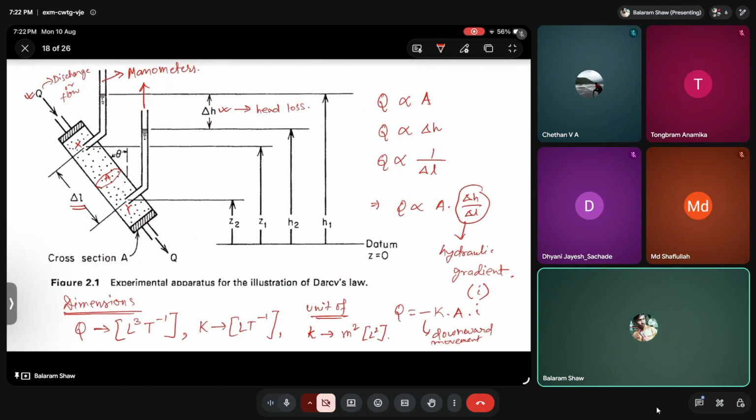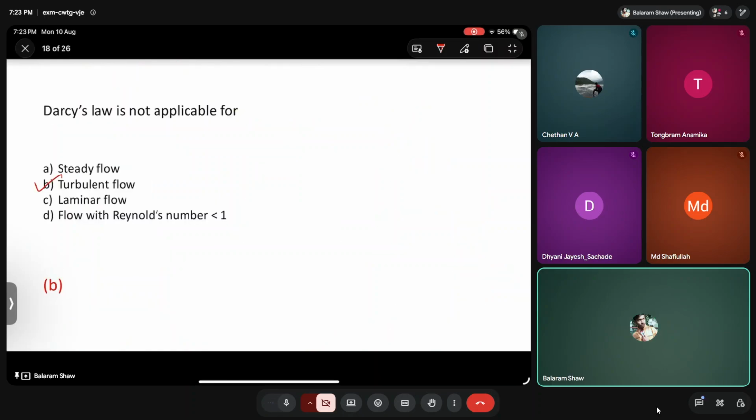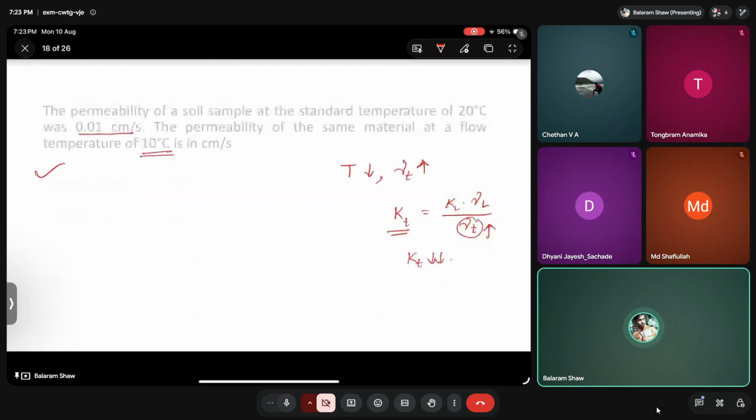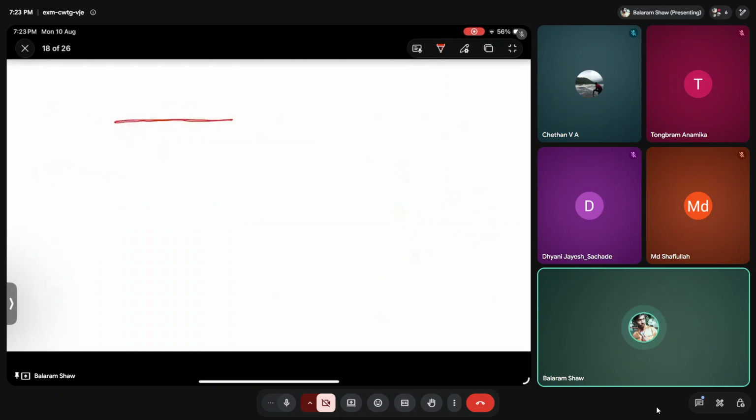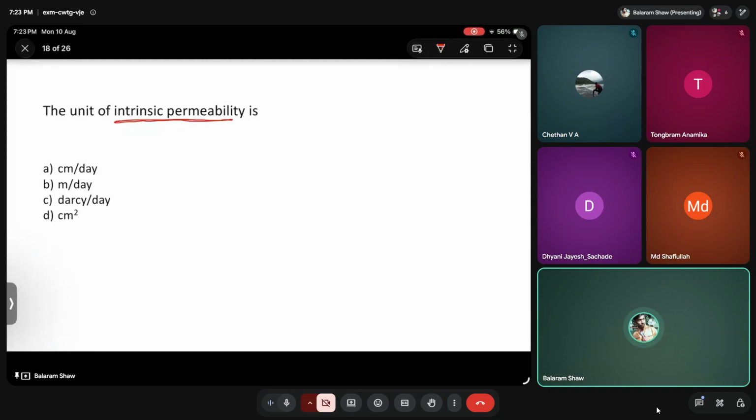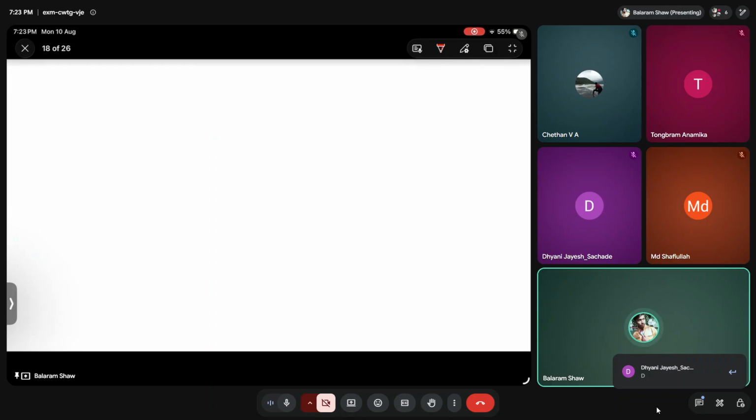Here I have written that for intrinsic permeability the unit will be an area unit, that is meter square. So the correct answer will be some area unit. Now, what will be the unit of intrinsic permeability? It will be B, that is centimeter square. Okay, we'll move to the next question.